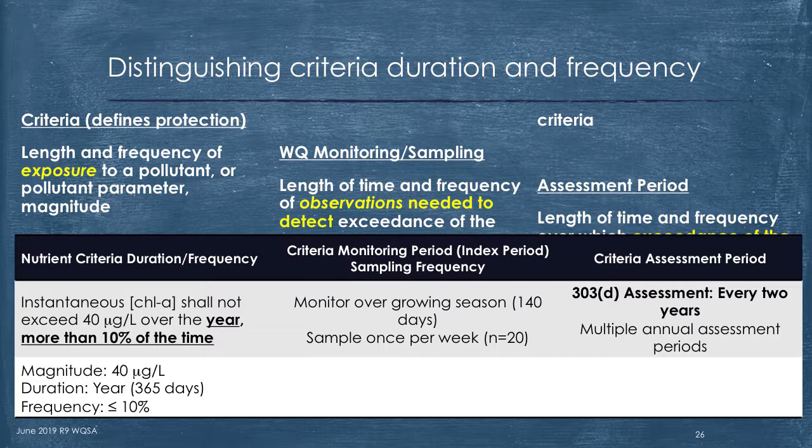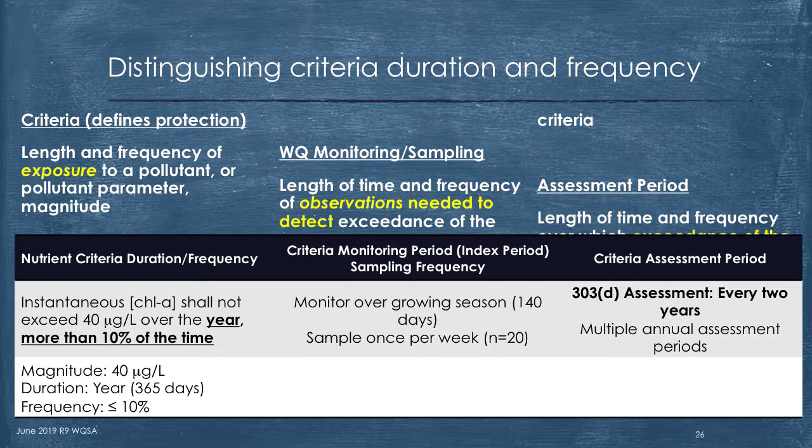They have to have the magnitude, duration, and frequency. So it's really important. If I get a sample, what does it mean? Well, you only know when you put it in this context of duration and frequency. So you really want to know how high it is, for how long a time you're willing to accept certain levels of chlorophyll A, and over what period you're going to allow exceedances.